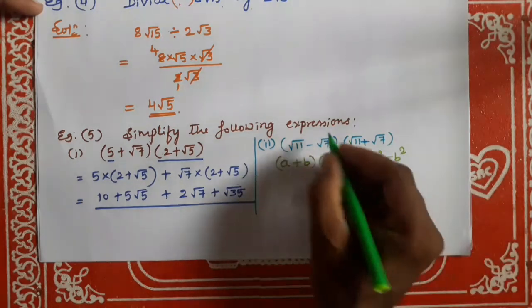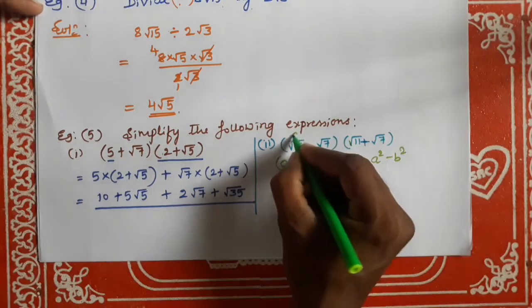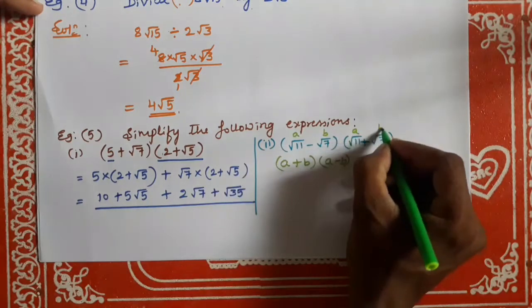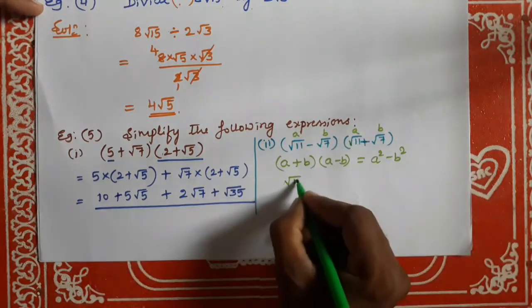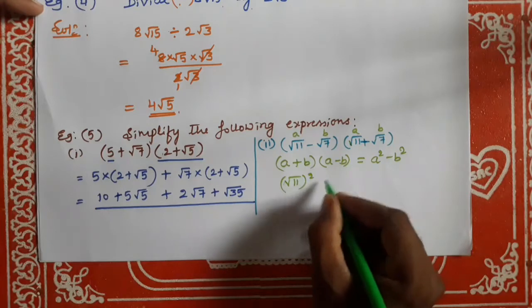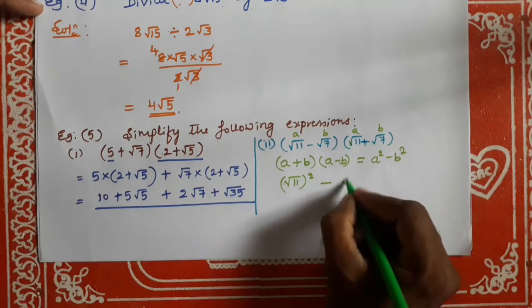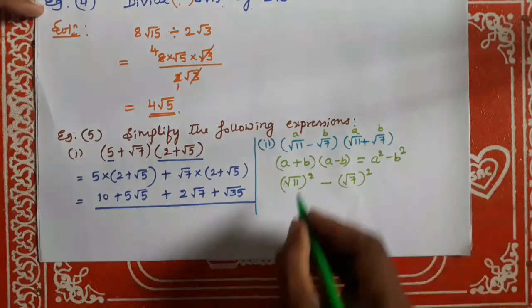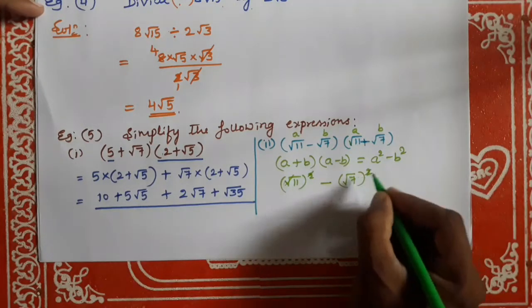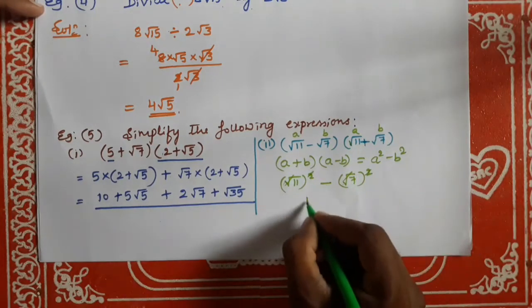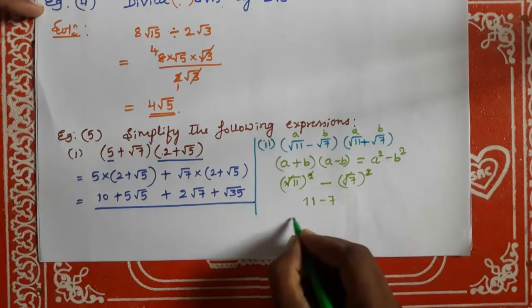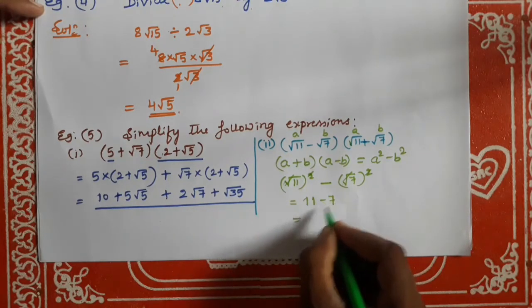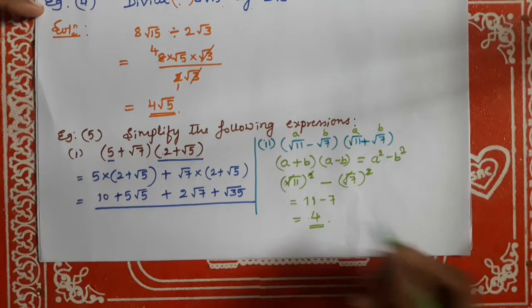Here this is a and this is b. So square root of 11 whole square minus root 7 whole square. The square roots get cancelled. Remaining is 11 minus 7, which is equal to 4. That is the result.